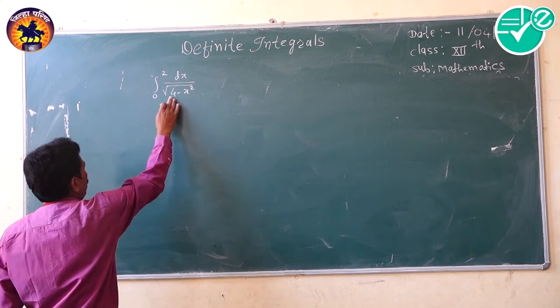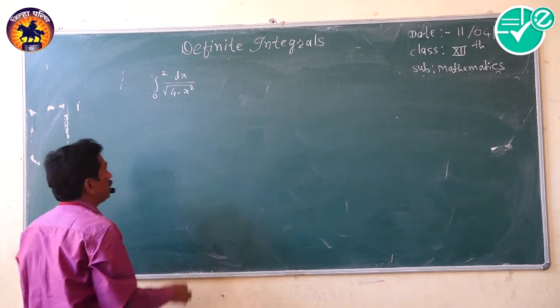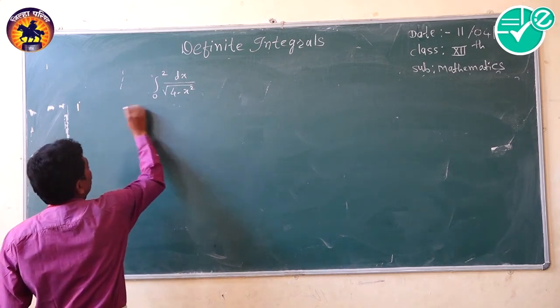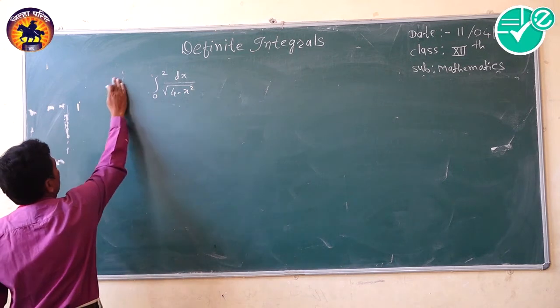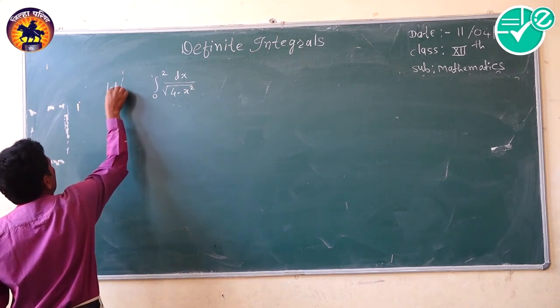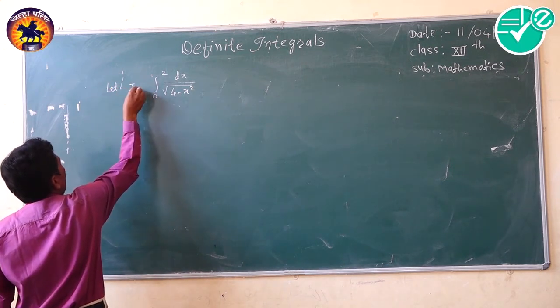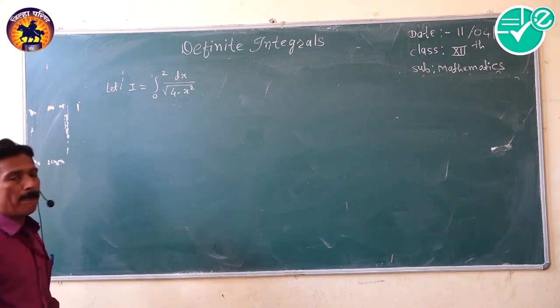Now this is 4 minus x square. This function is of the type a square minus x square. Now again let I be equal to this.